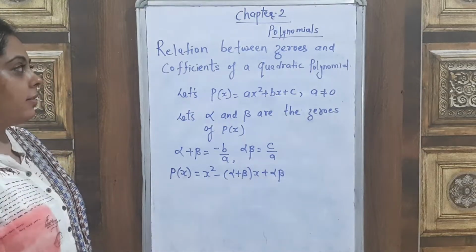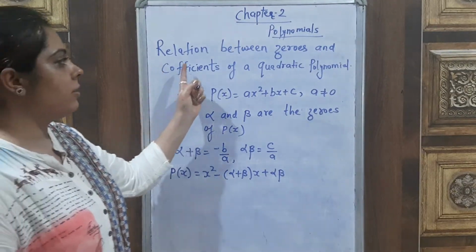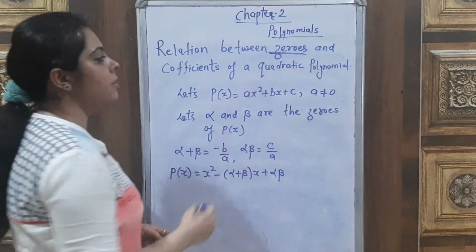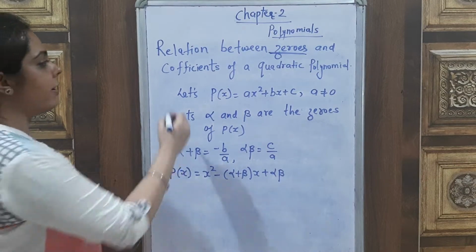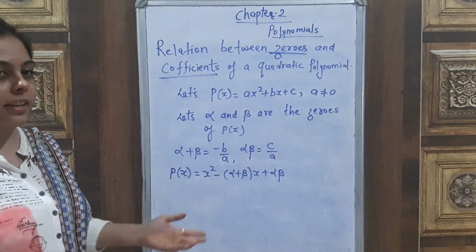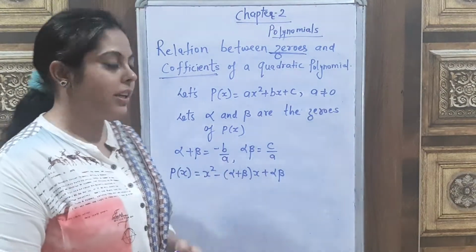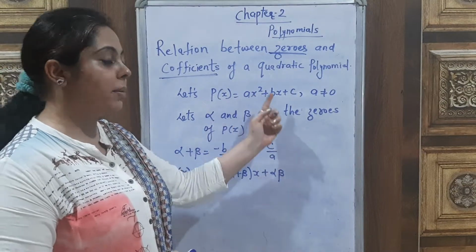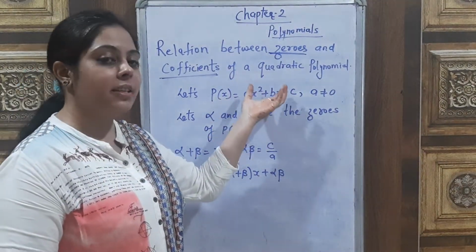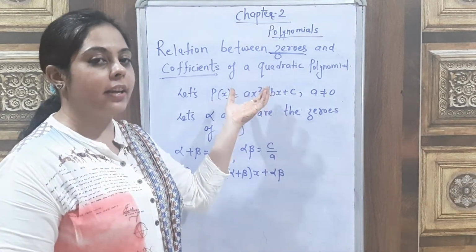Now, in the next topic, we will see the relation between the zeros and coefficient of a quadratic polynomial. This is our next topic that we have to study here. So for this, first we take a quadratic polynomial p(x) = ax² + bx + c. This ax² + bx + c is also known as the standard form of a quadratic polynomial.